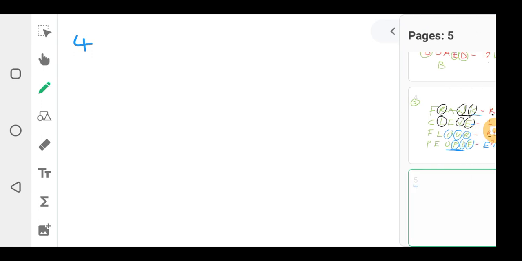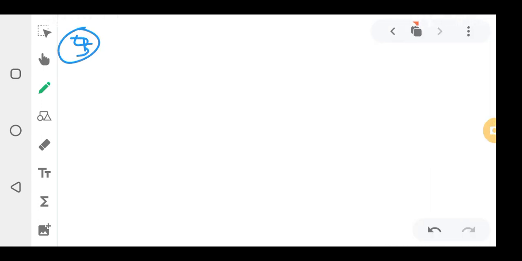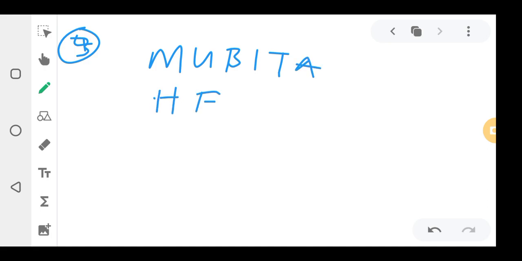Now sometimes, okay, that is example 3 now. Sometimes they may bring, let's say, movie term, and then they say habit. Okay, habit.